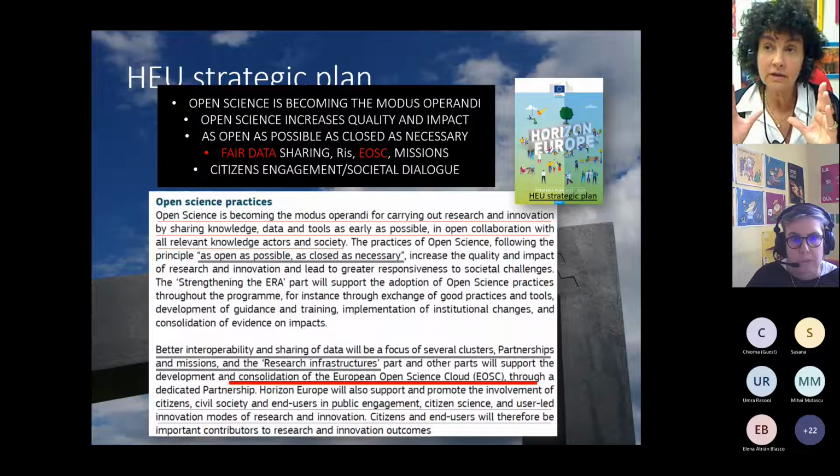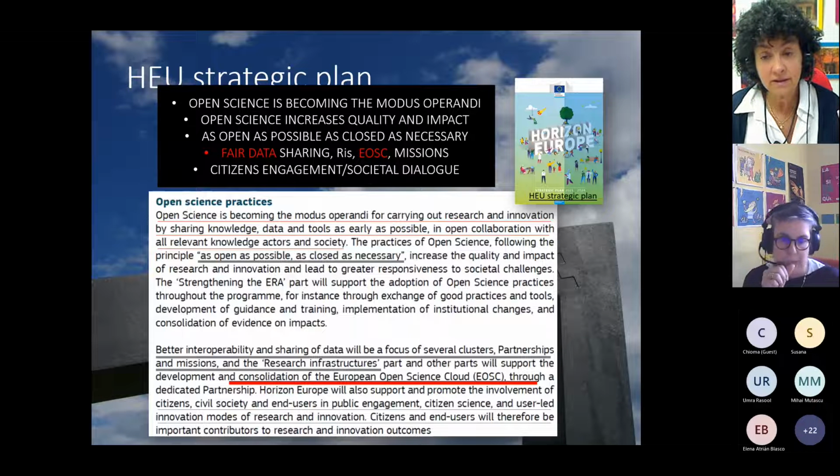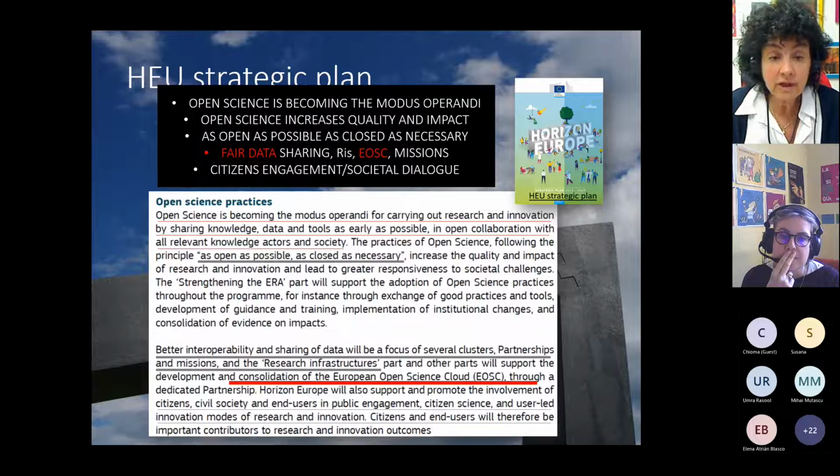If you are doing research with a third party, maybe a commercial party, your "as early as possible" will be after your commercial product is done. If you are not, you can share it as early as possible, meaning today, or as soon as your research is finished. Then, in open collaboration with all the relevant knowledge actors and society.